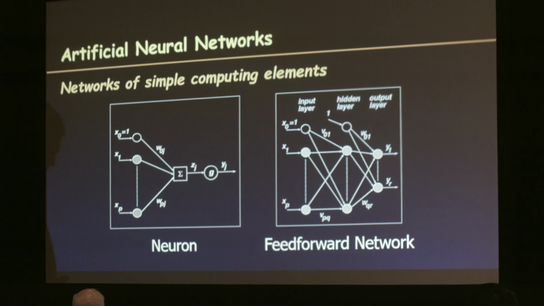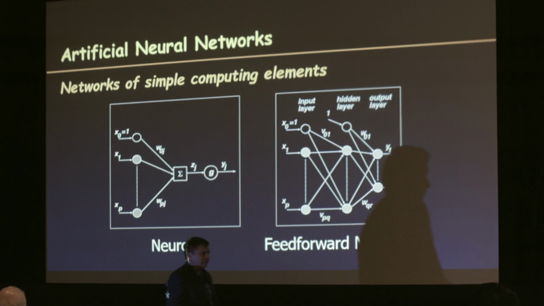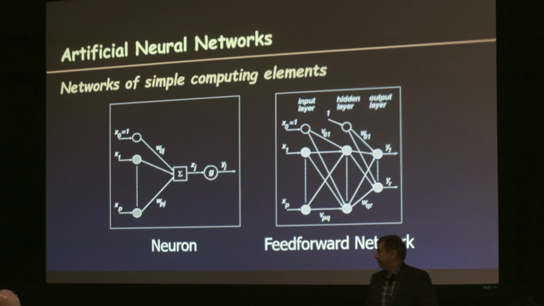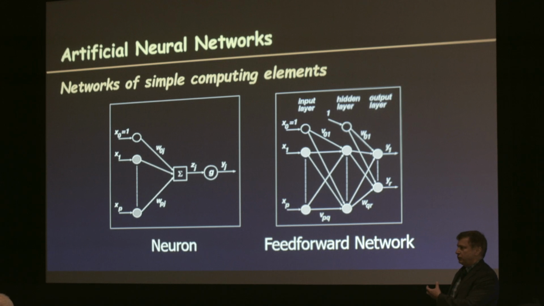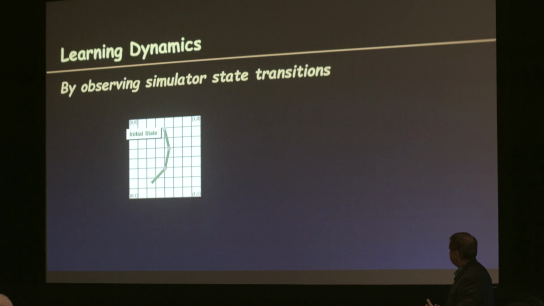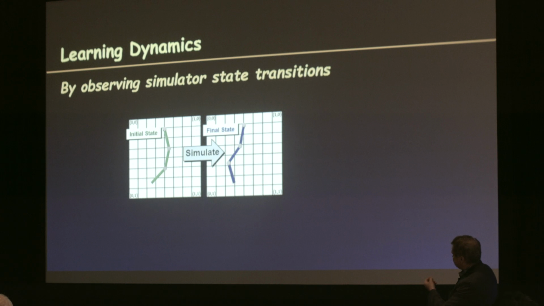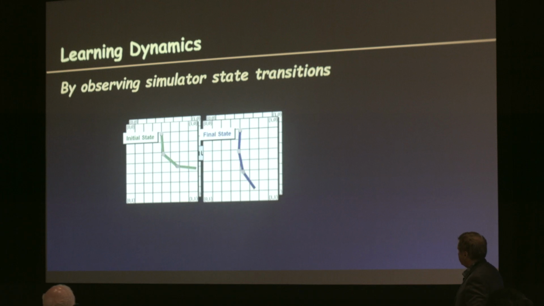The neural network emulator, we all know about neural networks, I hope, here, so I don't have to talk in detail about this, but learning physics for a network amounts to basically taking the simulation and generating training data from the simulator. So here you have a state of the pendulum before and a state several milliseconds later.